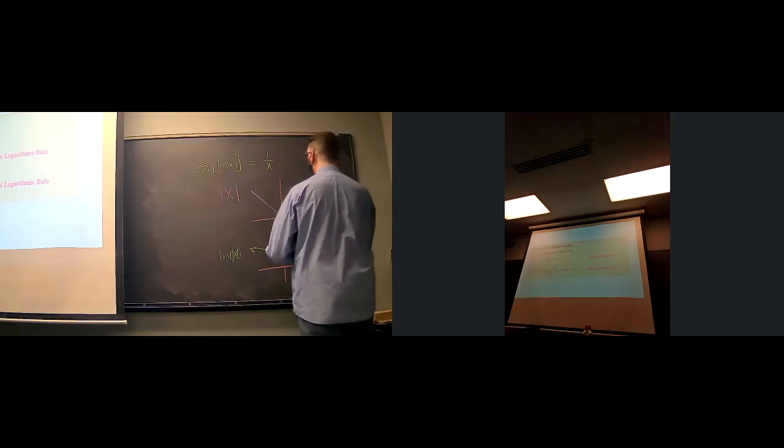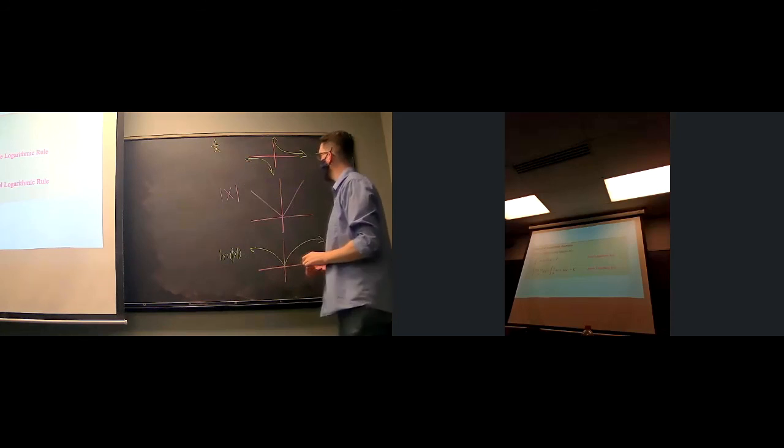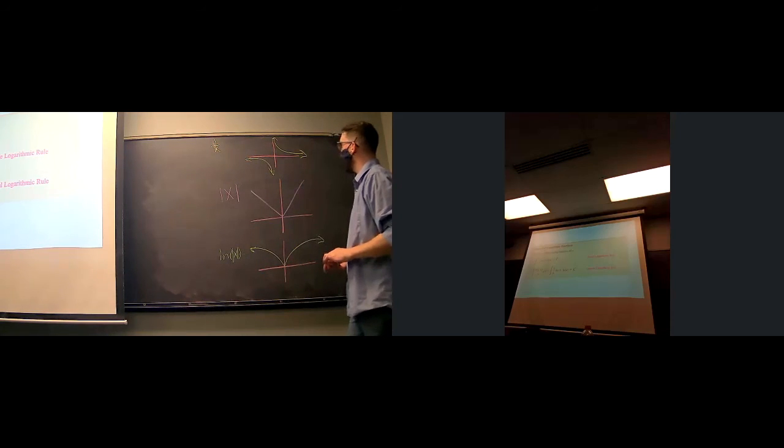Meanwhile, one over x looks like this. So just to give some intuition, we can look at the graphs and intuit why that absolute value is there, right?